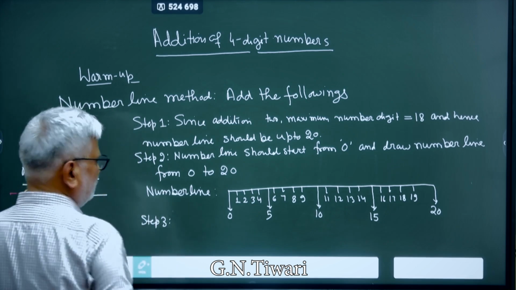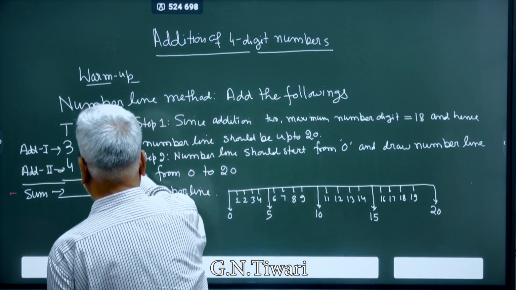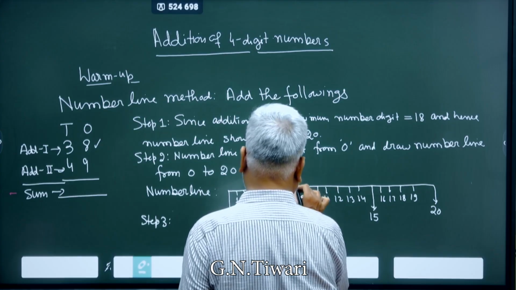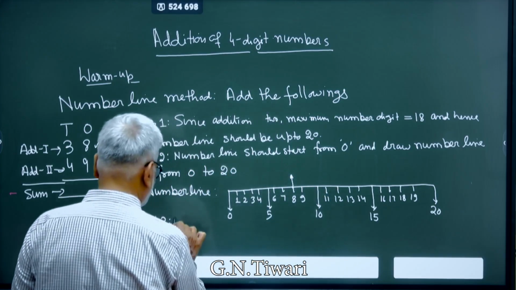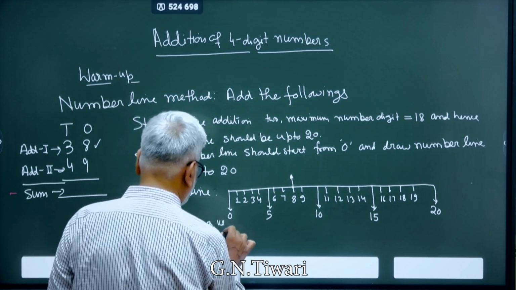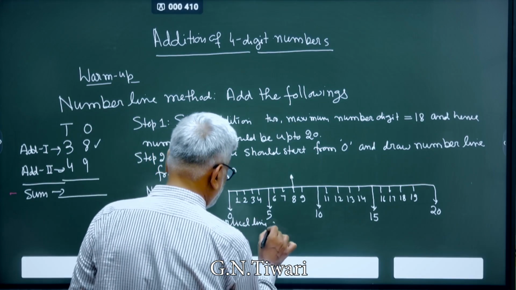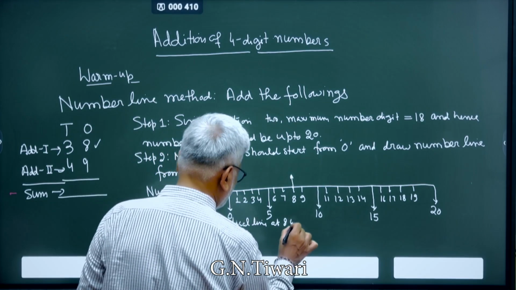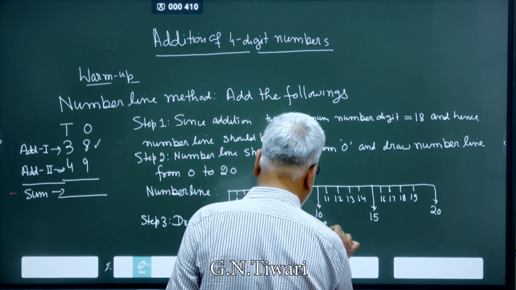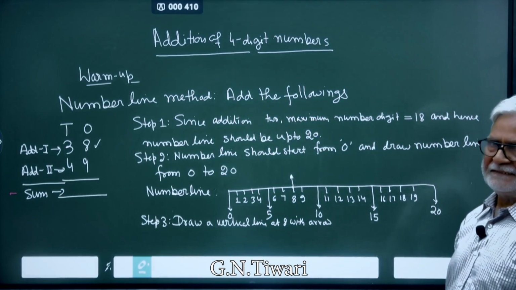8 and 9. Choose anyone. First choose 8. I am just ticking 8. 8 is here. Draw a vertical line upward at 8 with an arrow, because above the line is positive, below the line is negative.